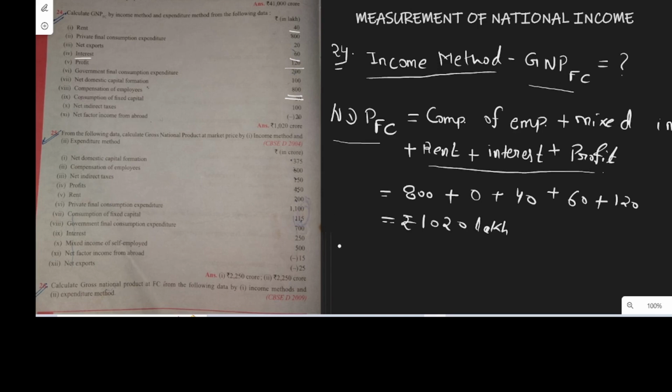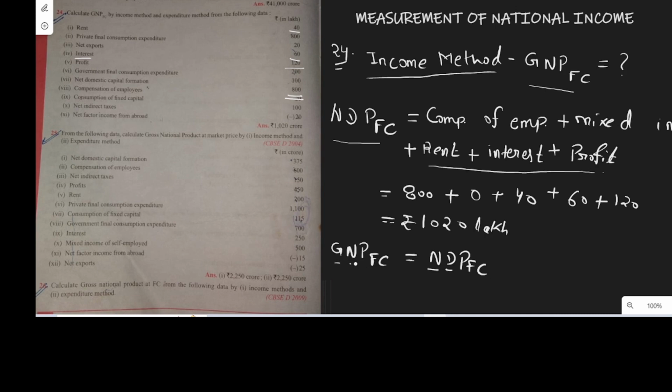So what we need to find, we write on the left hand side, and the aggregate that is given to us, or which we have already calculated, is written on the right hand side. So it is like this. Now I have to make NDPFC into GNPFC. So this first N means net, and the second means domestic product at factor cost.